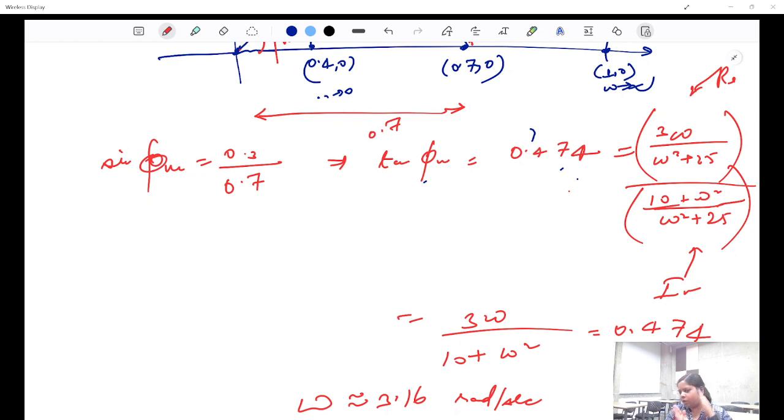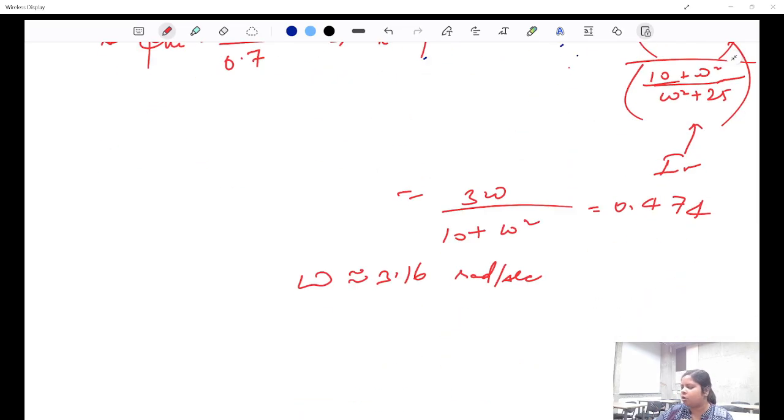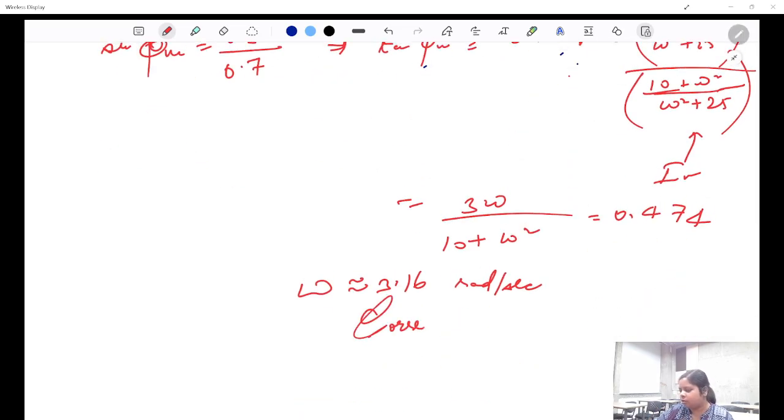you have to find the angle which you get from tan phi m, and that can be associated with the angle obtained from the transfer function. When you equate the values, you get omega, at what frequency this is happening, and this frequency is called the corresponding frequency.